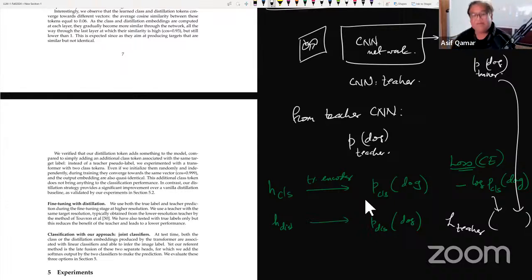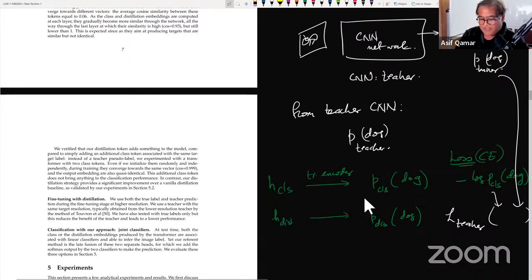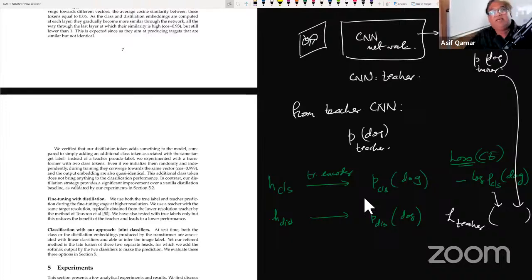So you can play a game. You can say, all right, distillation is one of the great contributions of Geoffrey Hinton, the paper on distillation. If you're in the foundational course, you'll learn about distillation, but I won't do that here. Distillation basically means there is an alternate way to teach a model.